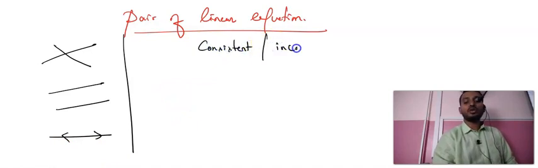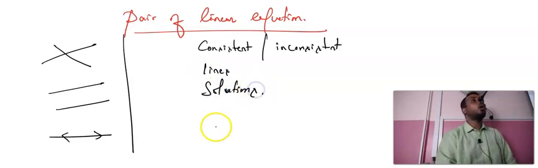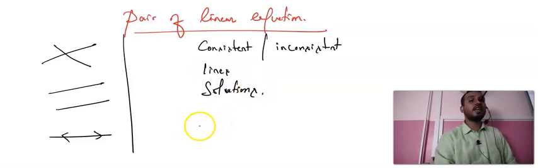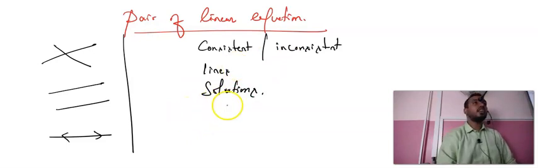Please remember the questions in your first exercise. Consistent, inconsistent, which type of lines they are, how many solutions are there, which type of lines, whether they are consistent or inconsistent, name the type of lines. Understood? So you can expect that over there.